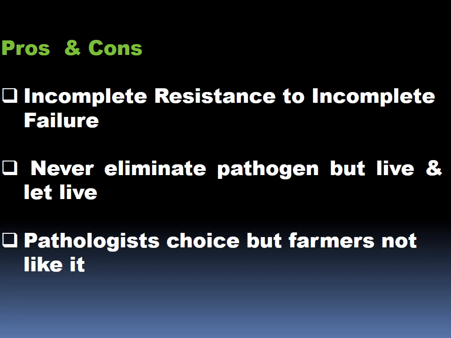But the farmers usually don't like horizontal resistance because they think that despite putting so much time, money, and energy, part of their yield is lost due to the disease, and the pathogen is also present in the field, causing some kind of damage every year.